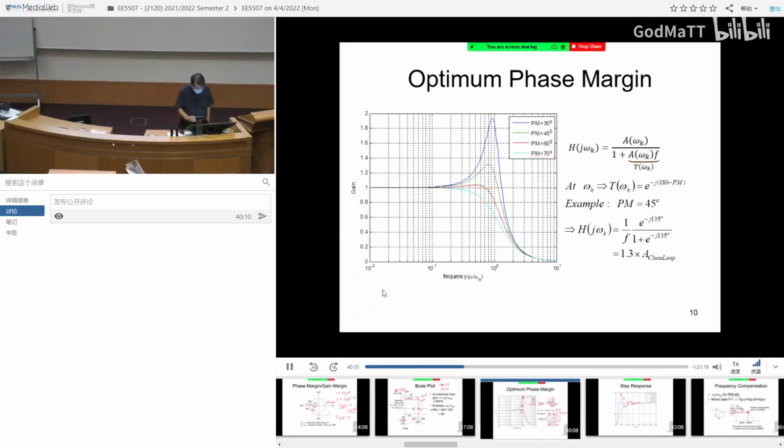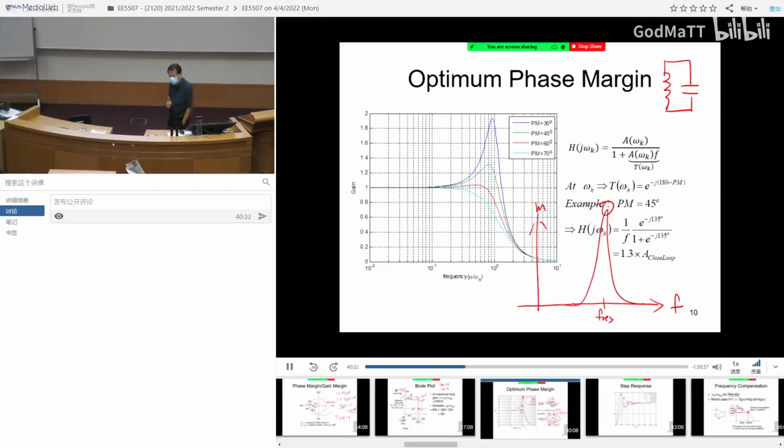If you recall an LC circuit, am I right? How does the frequency response look like? It looks like something like this, right? If you try to plot the frequency versus the magnitude, okay? So at the resonant frequency, you see the amplitude actually has the biggest peaking.